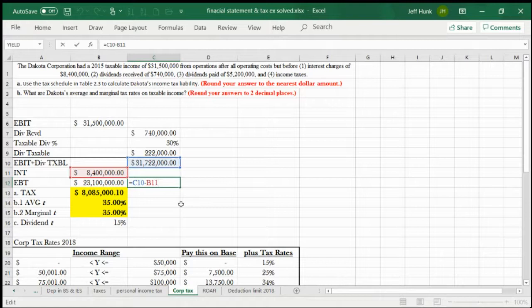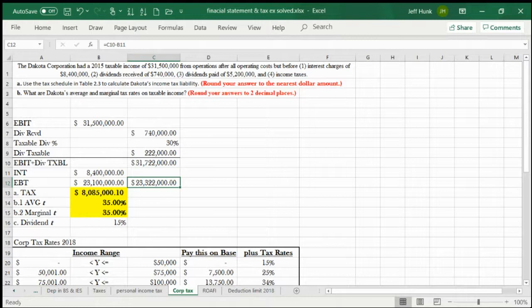Yes. So the EBIT plus taxable dividend, and then if you subtract interest from that, our EBT will be this. But you might wonder, why don't I include it there?